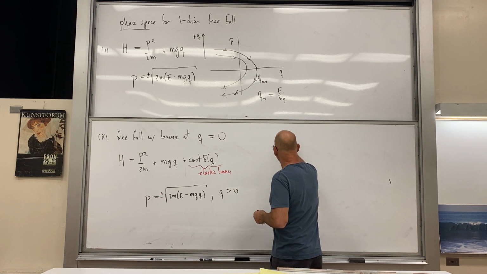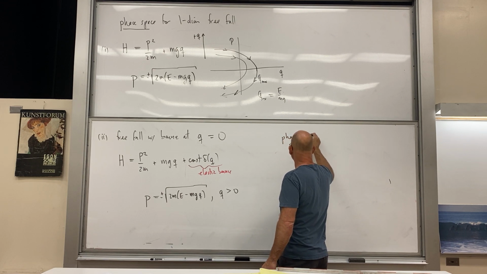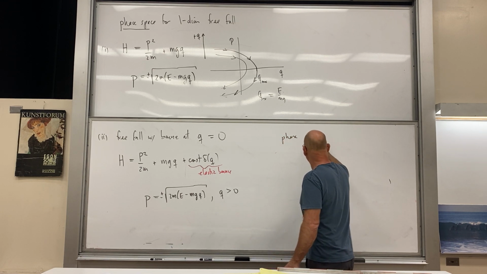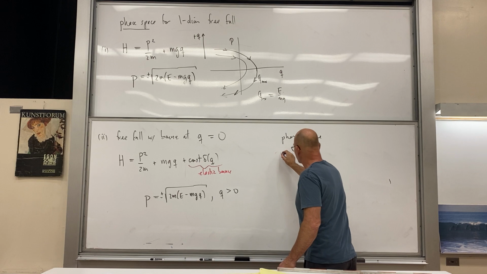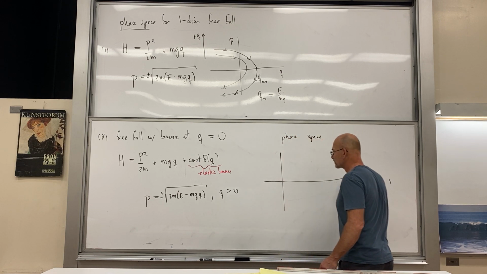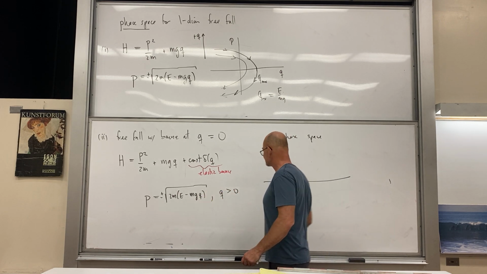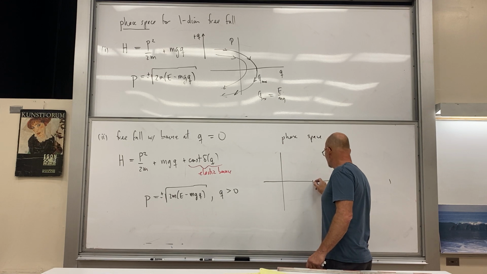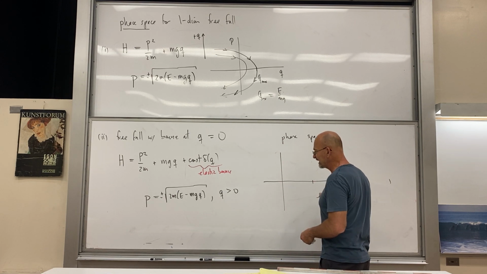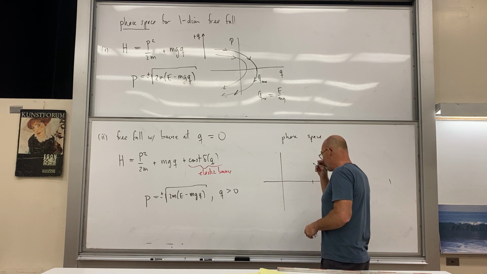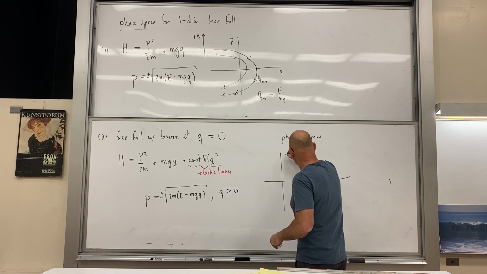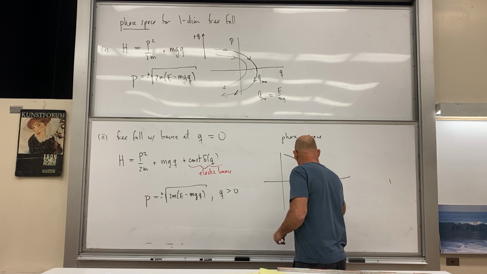And now the phase portrait is going to look like this, because we're just graphing this thing here. We still have our maximum for a given E, E over mg, and we still have these parabolas on their side like that.